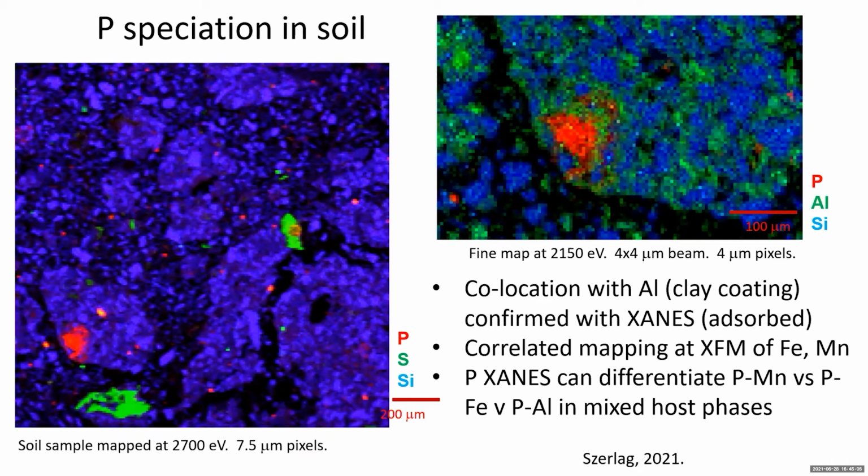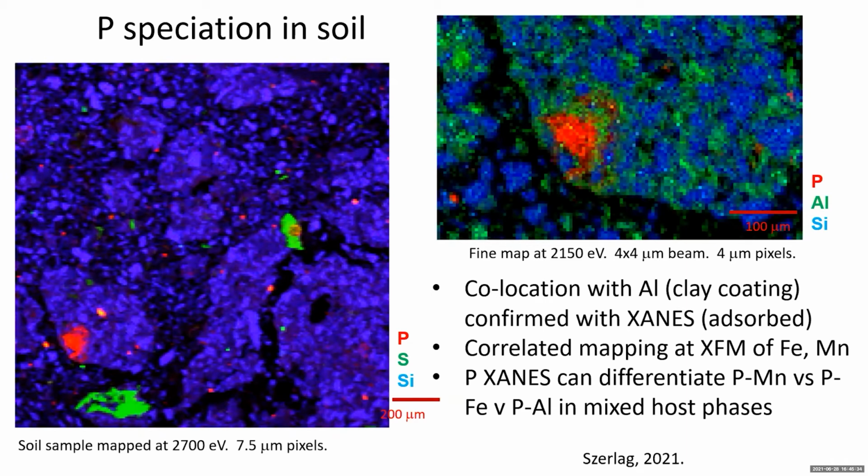We also did correlated mapping of this same sample at a hard X-ray microprobe and saw that it was also co-located with iron and manganese, but the phosphorus XANES showed that the phosphate was associated only with the aluminum in that mixed phase. So that's where the phosphorus XANES is very useful for identifying the chemistry.